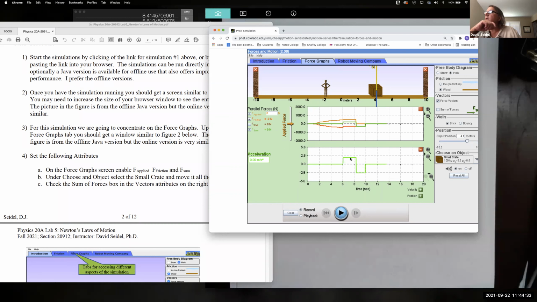If I look at my acceleration graph, it's of course 0 everywhere because my net force is 0. Now, all of a sudden, with a very small change, right here, I made a very small change. You can see we have 0 net force. Now I make a little tiny change in my applied force, but my net force makes a big change.